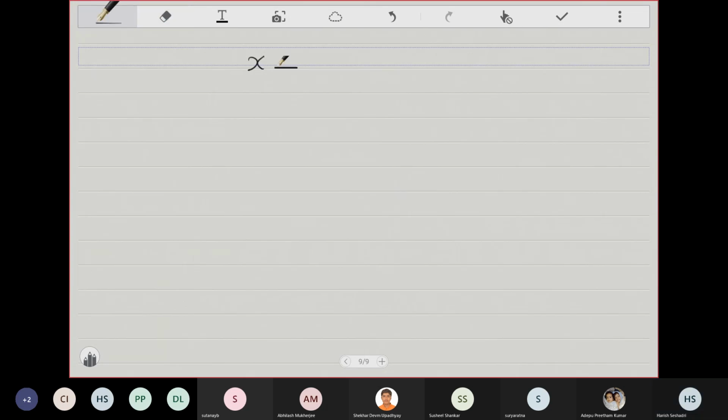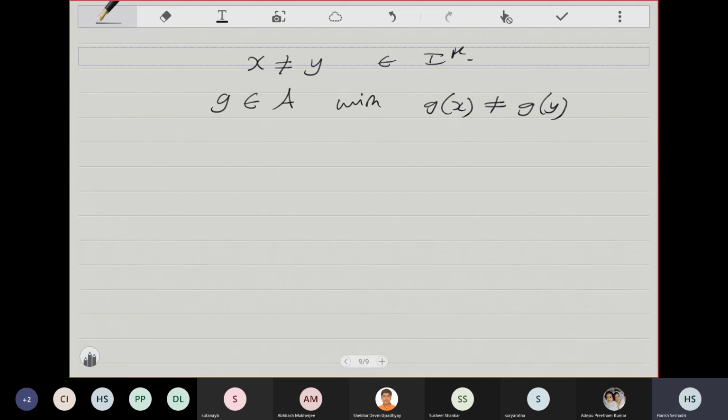X and y, X not equal to y in I. So I would like to find some g in A such that g of x is not equal to g of y. So how would I do that?